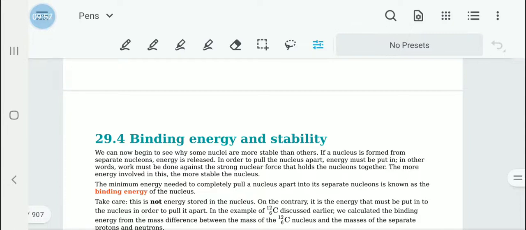Write down binding energy and stability. Not all nuclei are equally stable. The more energy involved in making or breaking the nuclei, the more stable the nucleus is going to be.